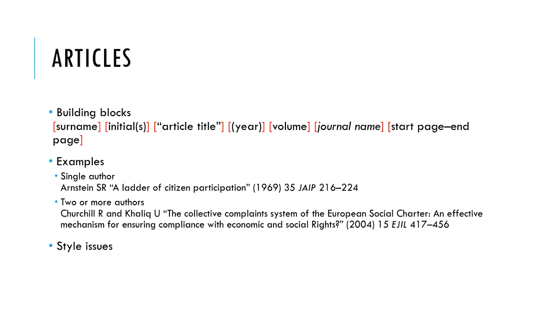However, the 2 examples I've given you here are not that readily ascertainable, because for purposes of the Einstein article, it is first and foremost an American journal, and second of all, it's not a law journal, it's a journal of architects. And then for the Churchill and Kalik journal, again, it's not a South African journal, and in this instance, it is a law journal, but it is from Europe, and it focuses not on general topics, but on international law.